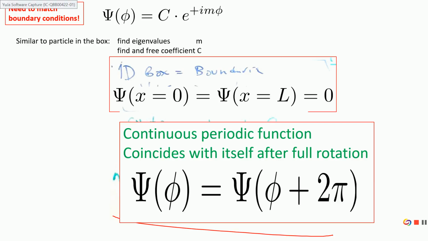After making a full circle, the wave function must be equal to itself. Okay, our time is up, and some of you have schedule limitations, so let's stop here. But I think we got all major concepts except degeneracy.